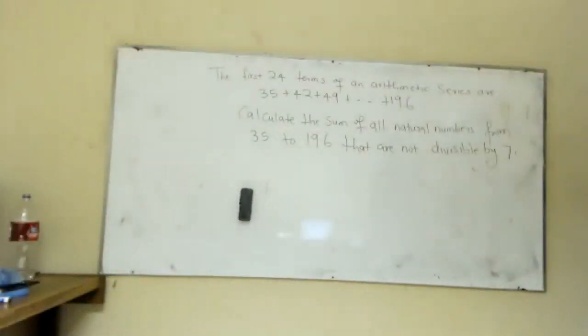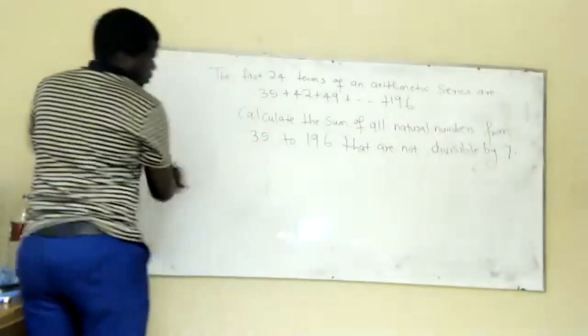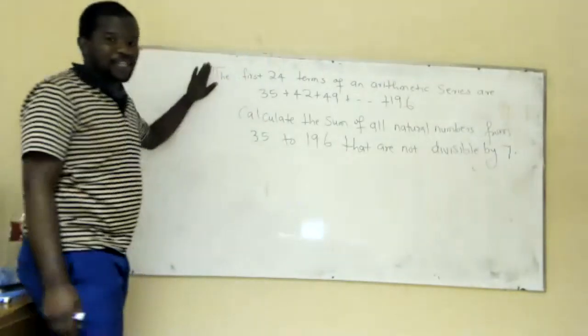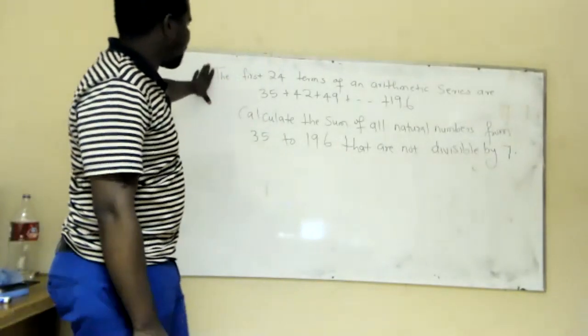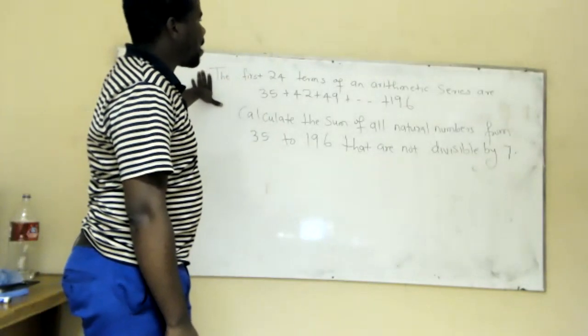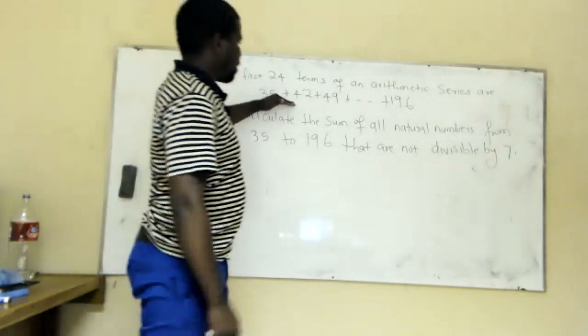Now, let's read the question carefully, because you can only answer the question after understanding what you are given there. So we are given the first 24 terms of an arithmetic series, which is given here.